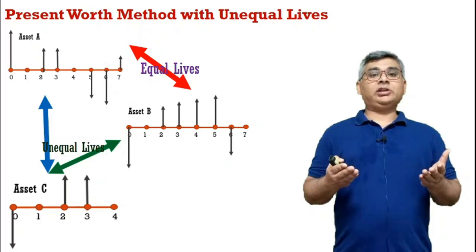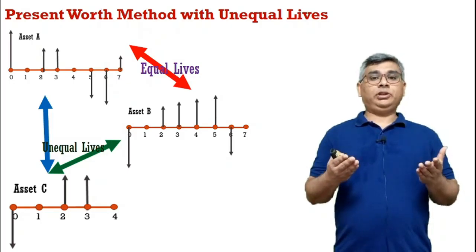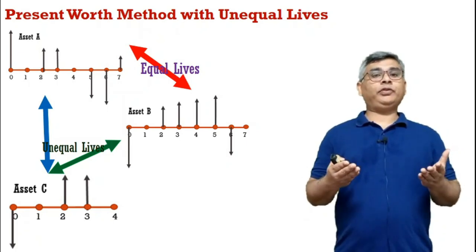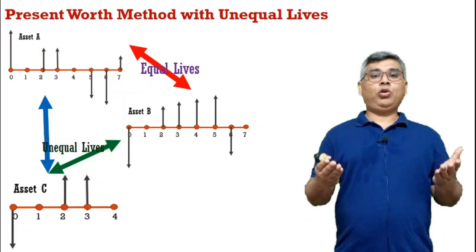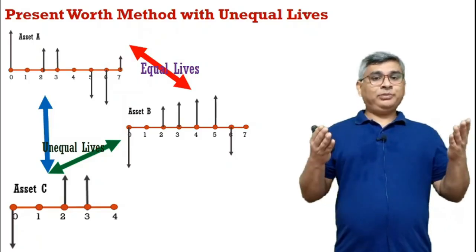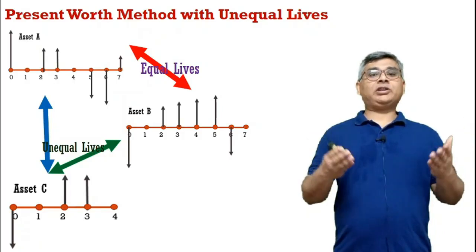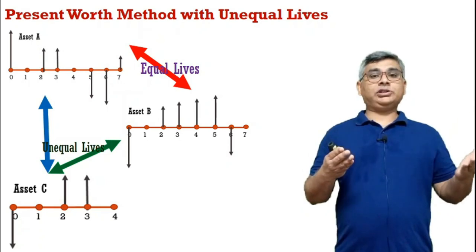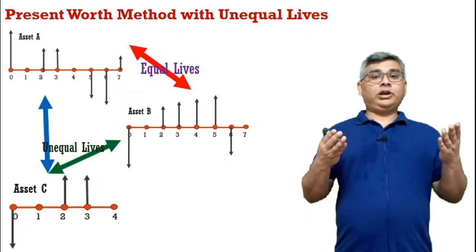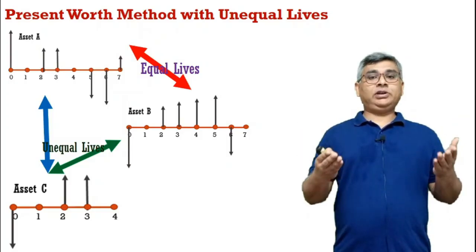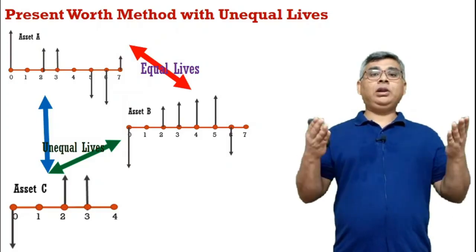Today we will take up the case where we have unequal lives of the different alternatives. In the previous lecture on the present worth method, we already did calculations for comparing the different alternatives in the case where we have equal lives.